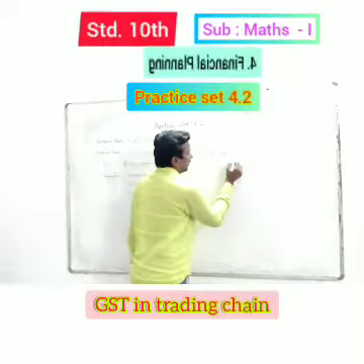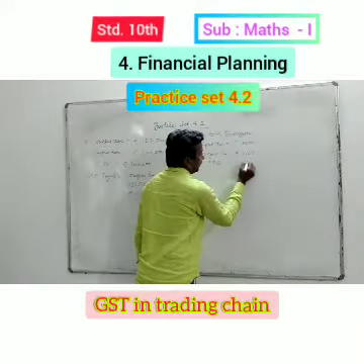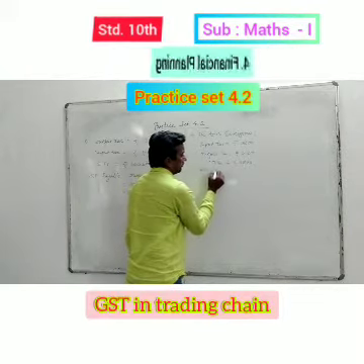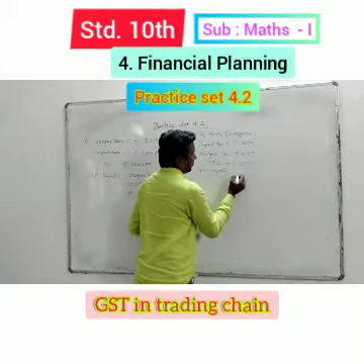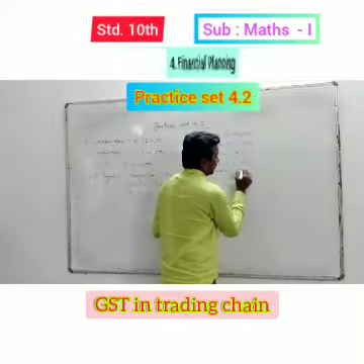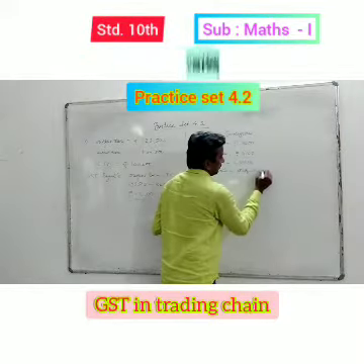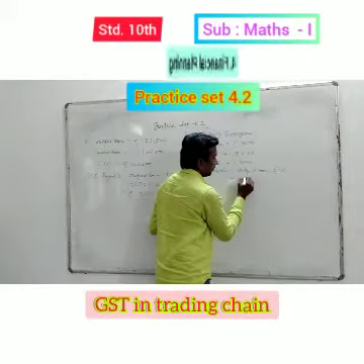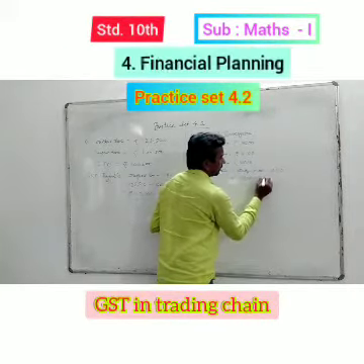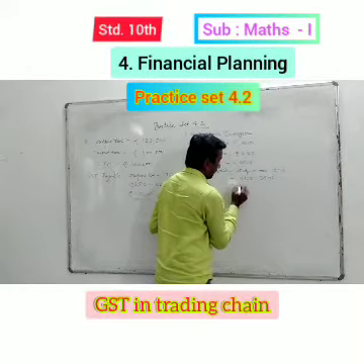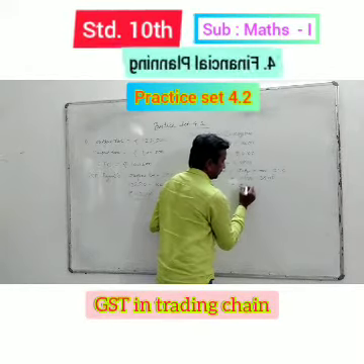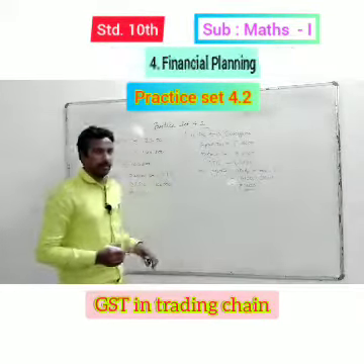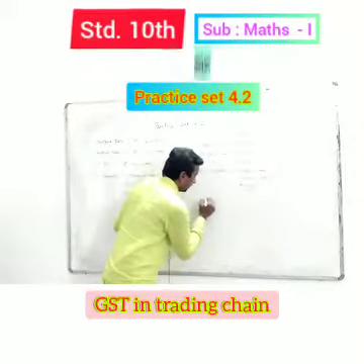Therefore, input tax credit is also rupees 3,800. Now, GST payable by Amir Enterprises is output tax minus input tax credit. Output tax is 4,100 minus input tax 3,800. Therefore, GST payable is rupees 300.